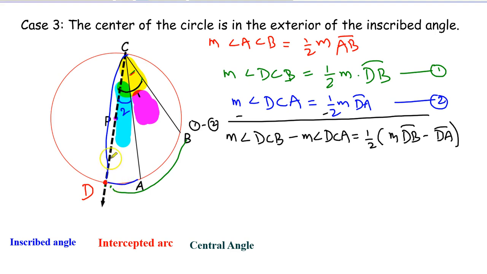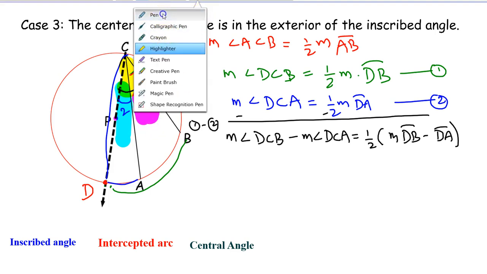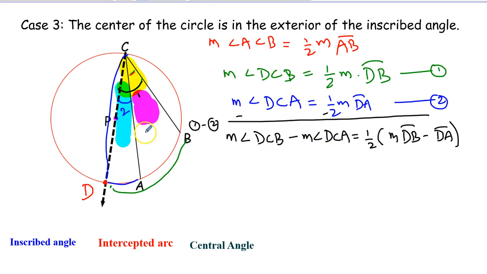The yellow one is the big angle DCB, and the next one, this blue one, is angle DCA, and the remaining, the purple, is the remaining one. Now, on subtraction, DCB minus DCA gives you this angle ACB. So the measure of angle ACB, subtracting this little angle DCA from the big angle DCB, you are left with this angle, that is ACB.